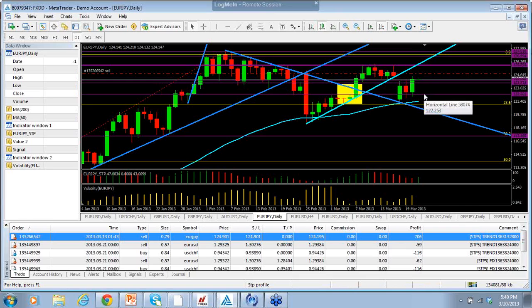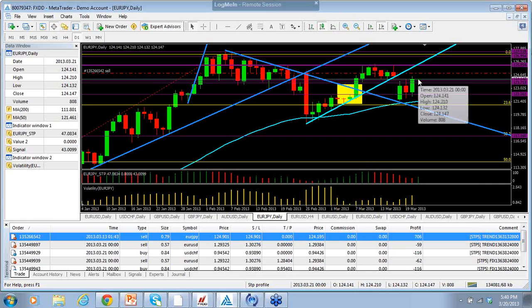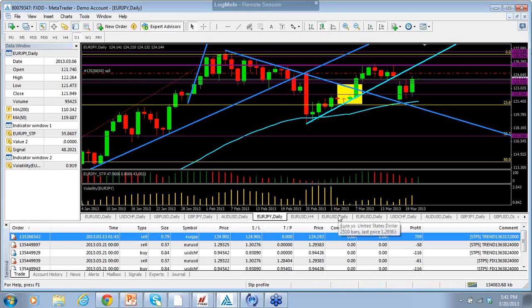But you've got to look for confirmation on the lower time frames. These areas of resistance here at the top, euro yen trade, by the way.